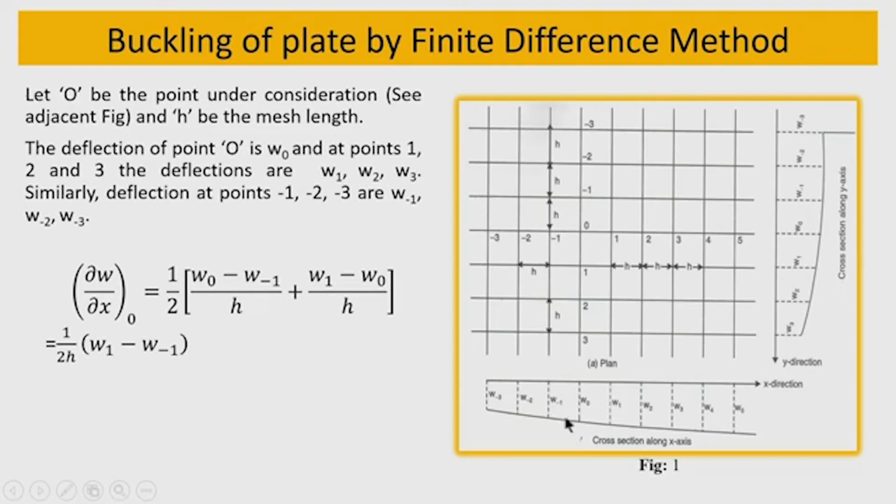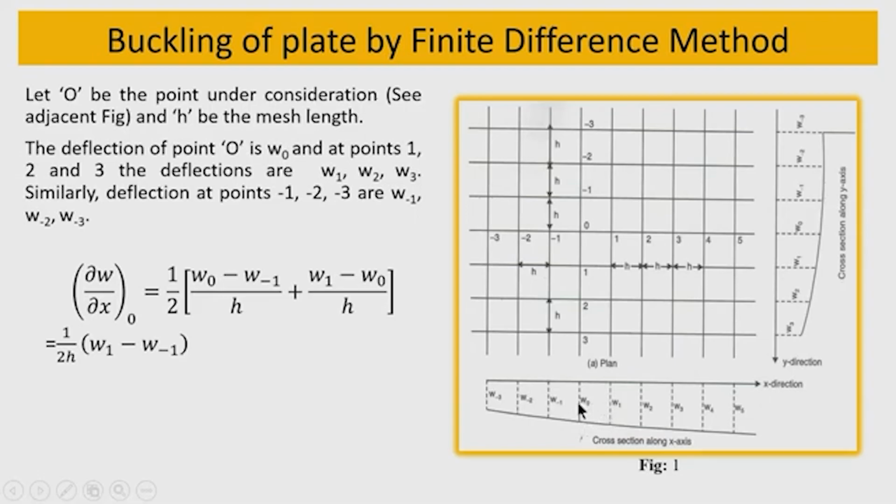So, there is also a slope, that is the variation of the displacement. Now, if I compute the slope between W 1 and W naught, then the slope will be W 1 minus W naught divided by h. So, I have calculated the slope taking the forward values of the deflection.